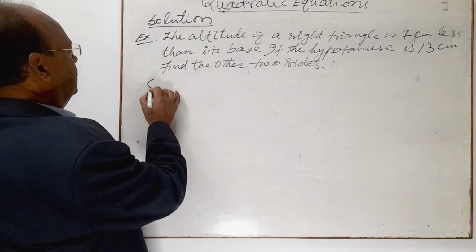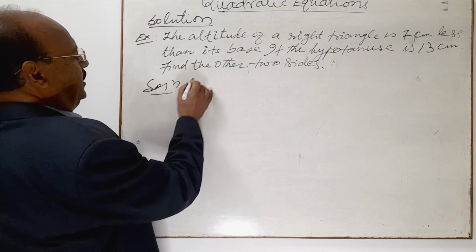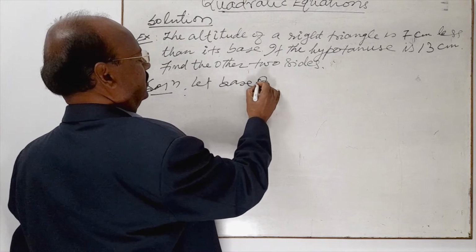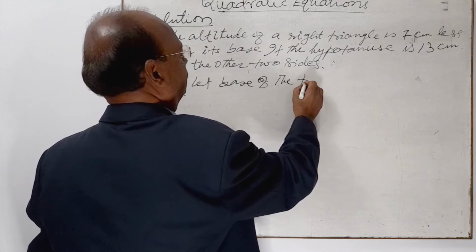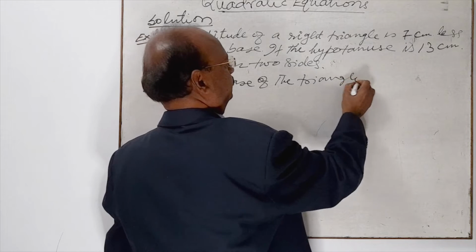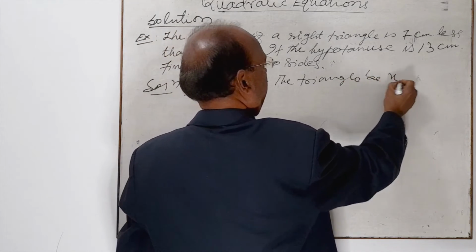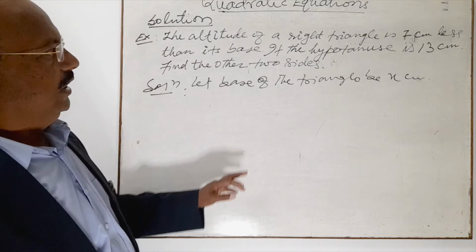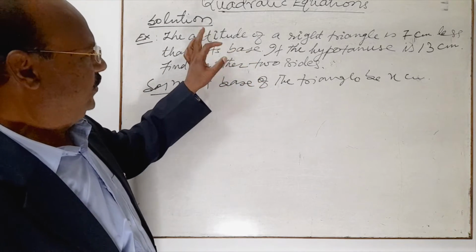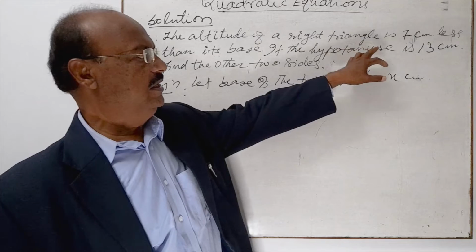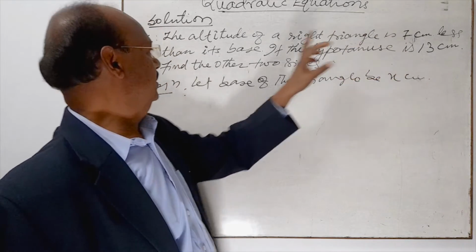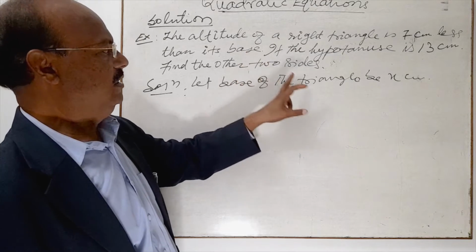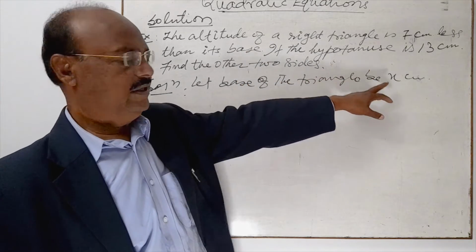So let us start the solution of this question, and let us suppose the base of the triangle be x centimeter. The altitude of this right triangle is 7 centimeter less than its base, and we have taken the base as x centimeter.